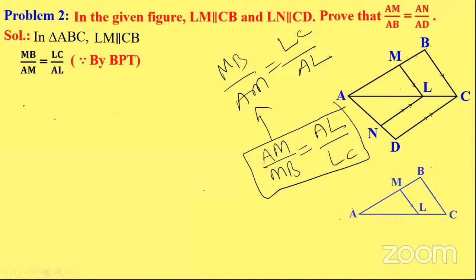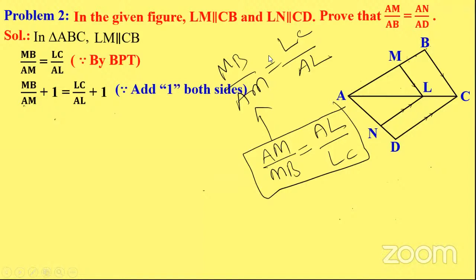Now add one to both sides. We get MB by AM plus 1, LC by AL plus 1. Adding one to both sides, we get it like this. 1 is nothing but 1 by 1. AM is the LCM here, left side. AM divided by AM is 1, 1 into MB is MB, plus AM into 1 is AM. This is AM, this is MB.